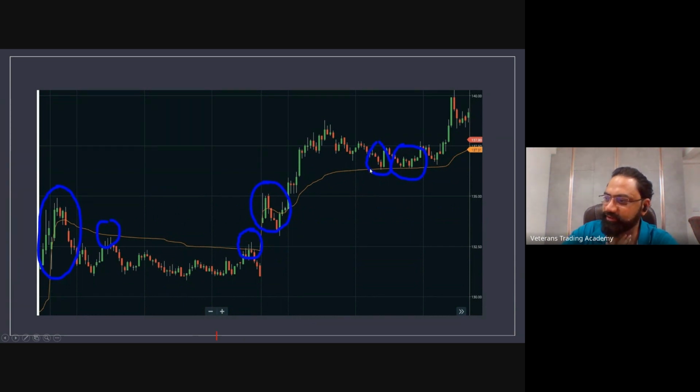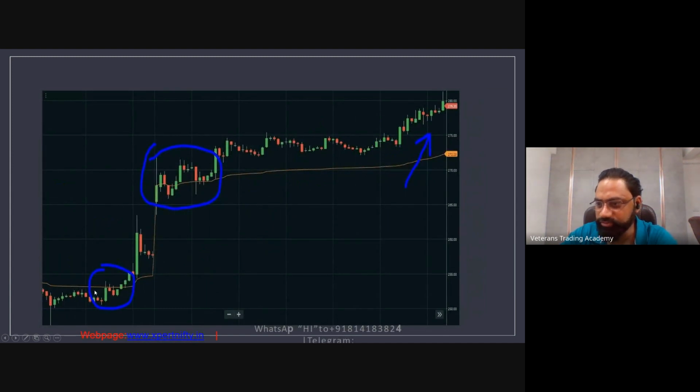Their stop loss will keep on being revised as per the VWAP. As the market keeps going up, VWAP also keeps going up, and you have a trailing stop loss that moves according to VWAP. That's how many intraday traders use VWAP, especially people who use options in intraday trading. They use VWAP quite a lot, both those selling options and those buying options.